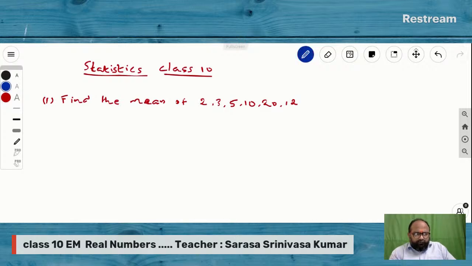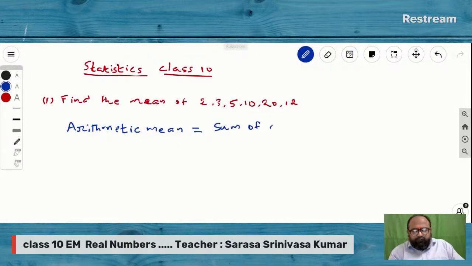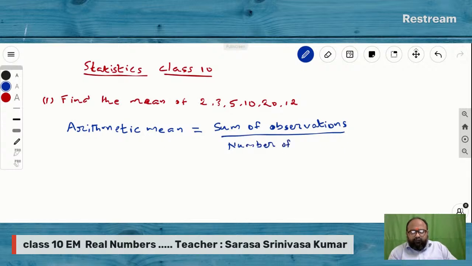Now we note down the formula. Arithmetic mean equals sum of observations by number of observations.